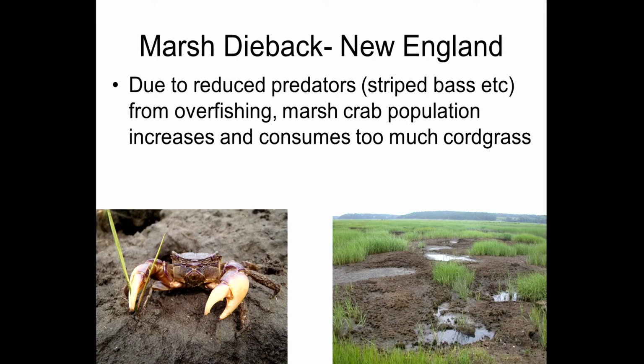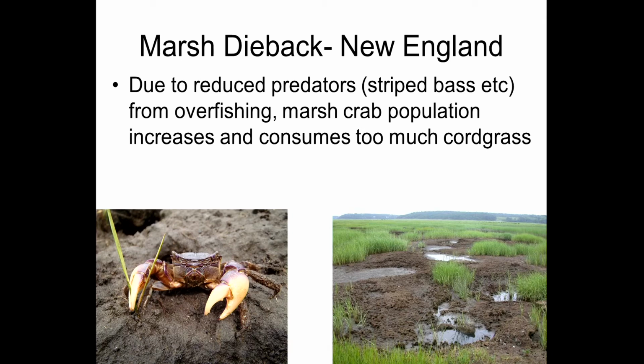In New England, we have an interesting problem where there is a dieback of the plants, of the marsh grasses, and that turned out to be a result of this critter, which I mentioned before. This is the marsh crab, Sesarma, that eats the Spartina grass. And if you get too many of these, they eat up too much of the Spartina grass.